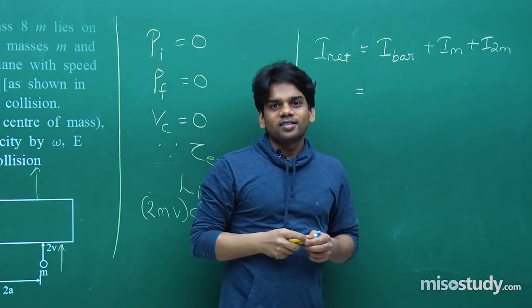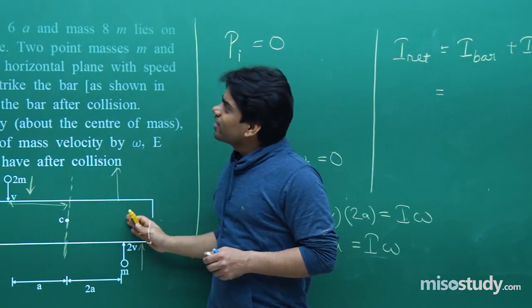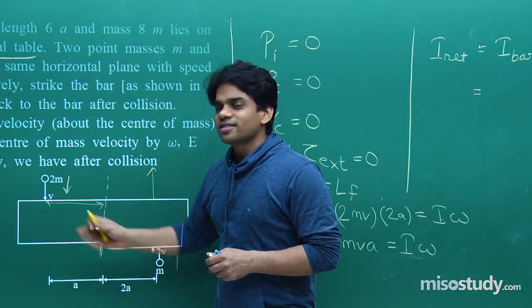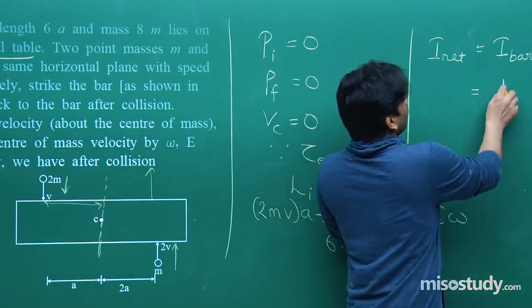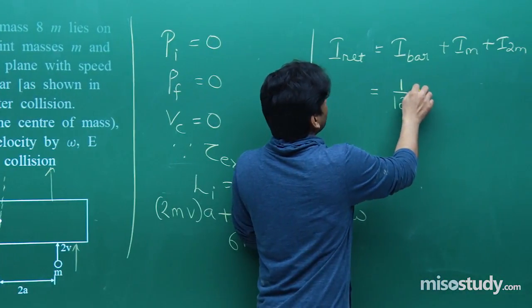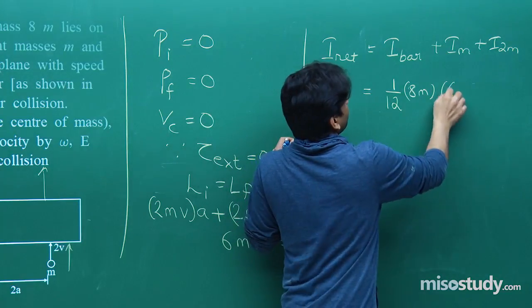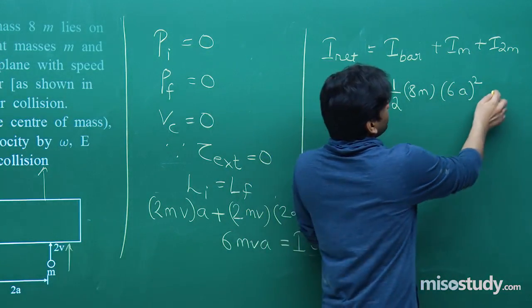I of bar will be equal to 1 by 12, its mass is given as 8m, into length 6a whole square. Next, I due to m.